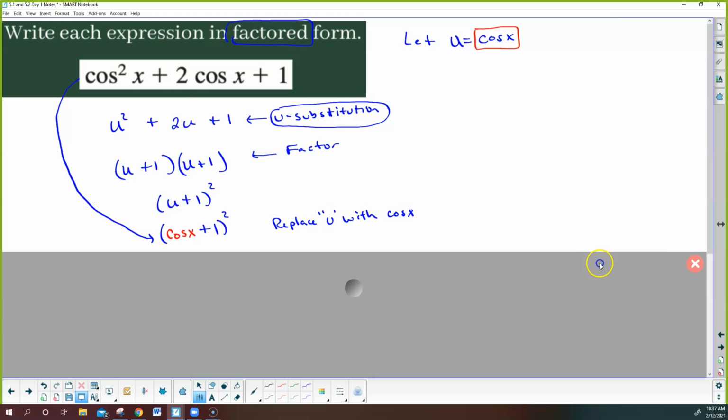Because our original problem was in terms of cosines, we had to bring it back and rewrite it so the final answer was with cosines. We just replaced u with cosine, and there we go.